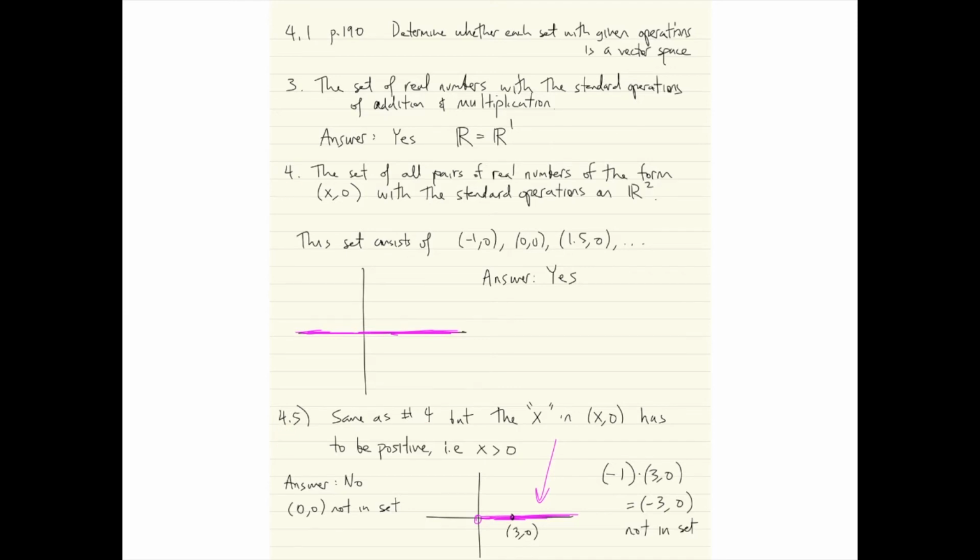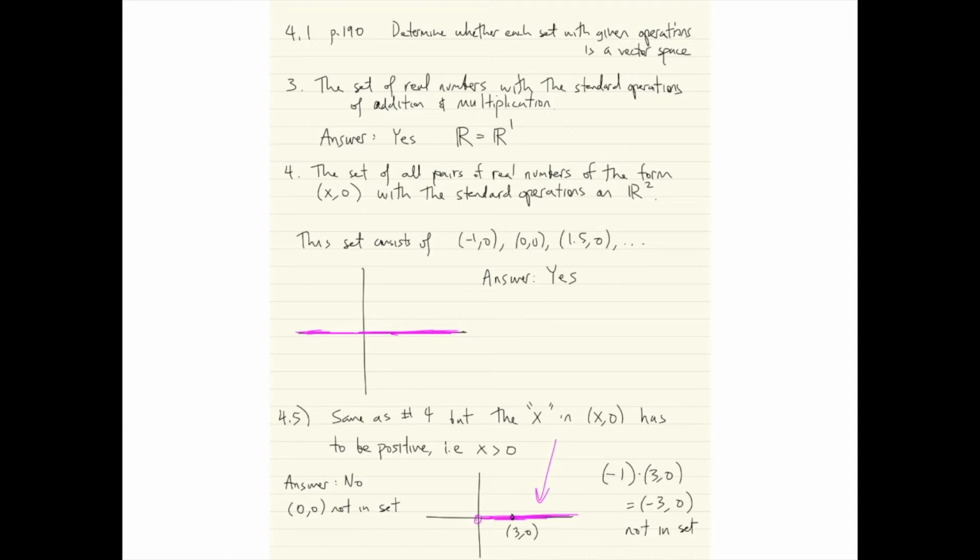So the same as number 4 here, but with the x in (x, 0) having to be positive. So here's our first example of something that's not a vector space, maybe though that's in some sense more instructive. One reason it's not a vector space is (0, 0) is not in the set. And one of the axioms of a vector space was that it has to have an element that's the 0 vector that acts as the additive identity.